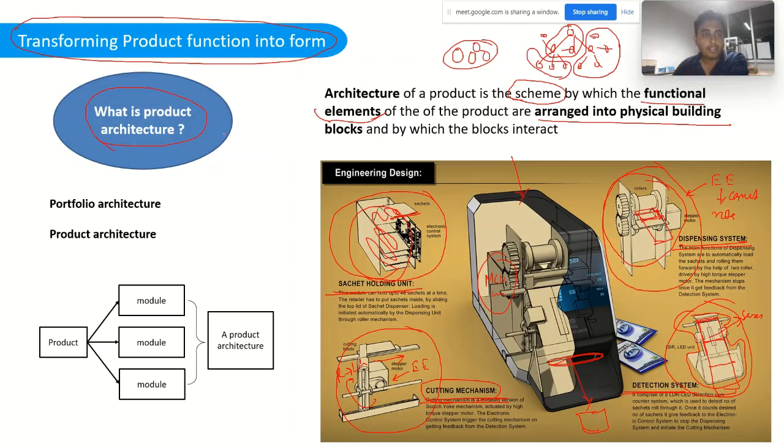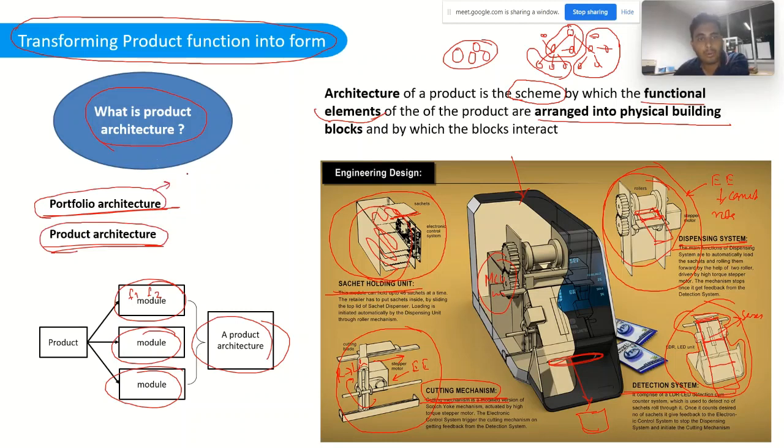Okay, clear? A product may have multiple functions, but an architecture defines how the individual functions are categorized to come up with a particular architecture. There are two kinds of architecture: one is portfolio architecture, and another is product architecture. Portfolio architecture means when an organization has a range of products having a similar functional model.